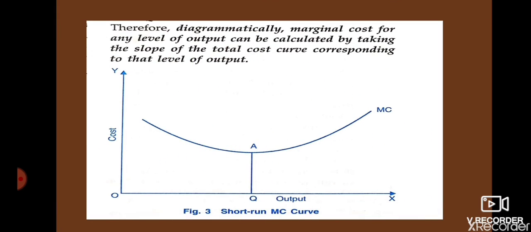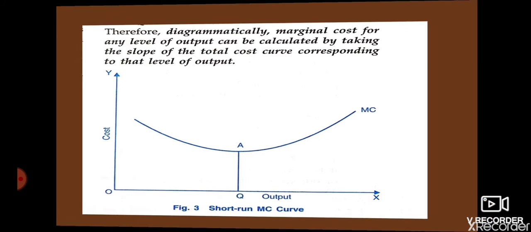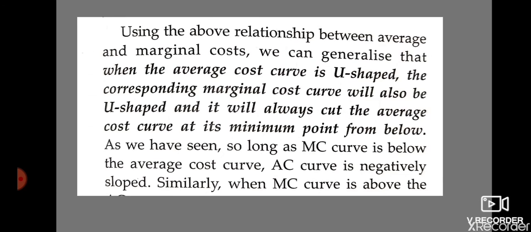Now we will discuss the relationship between AC and MC. Let us go through the next slide. MC is U-shaped. You can see here that when the average cost curve is U-shaped, the corresponding marginal cost curve will also be U-shaped.